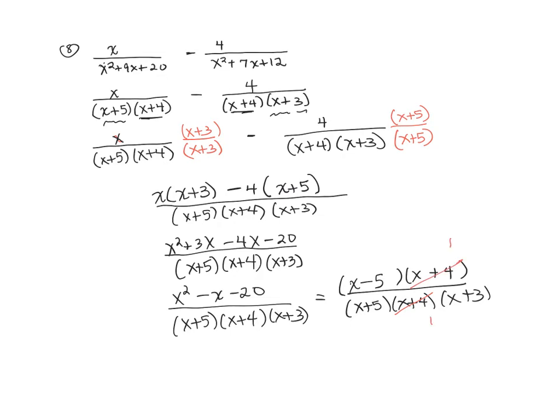So our final answer, and leave it in factored form, is x minus 5 times 1 over x plus 5 times x plus 3. And we cannot divide through any factors. They are not alike, so this is our answer in simplest form.